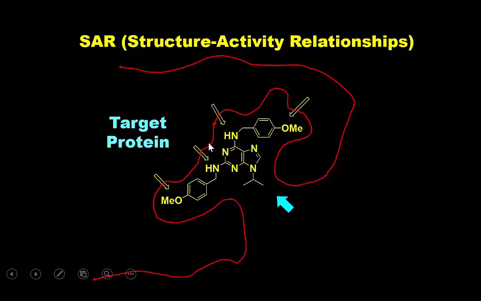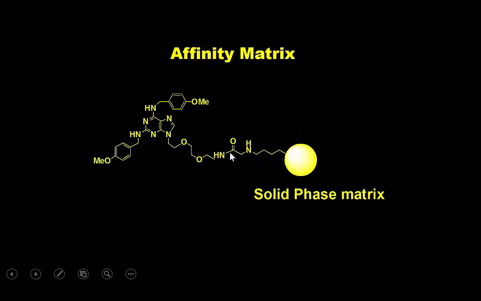By changing different structures of this molecule, we figure out which position we can modify without losing most of those activities. That is SAR. Anyway, after you are done successfully with this SAR study, the next step is you can add this linker and then attach this whole derivative onto solid support.